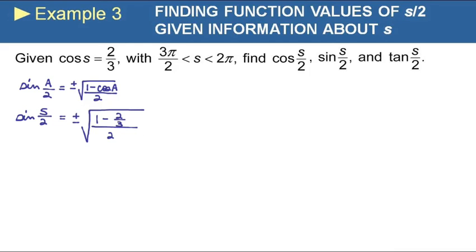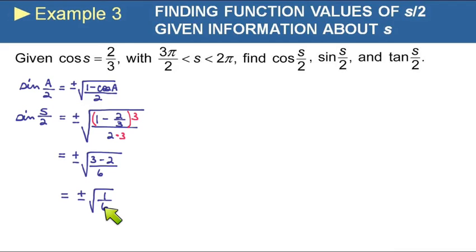So I'll multiply the top by 3 and the bottom by 3. That will give us, when we distribute the 3, 3 minus 2. And in the denominator, 2 times 3 is 6. And so 3 minus 2 is 1. And our answer is the plus or minus the square root of 1 over 6.